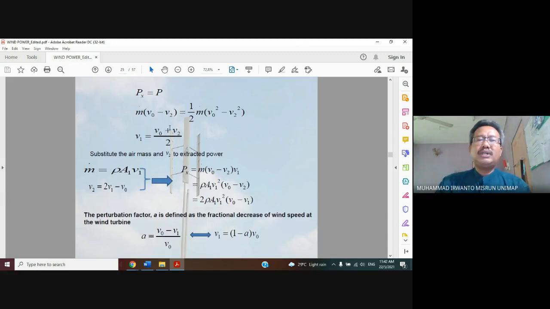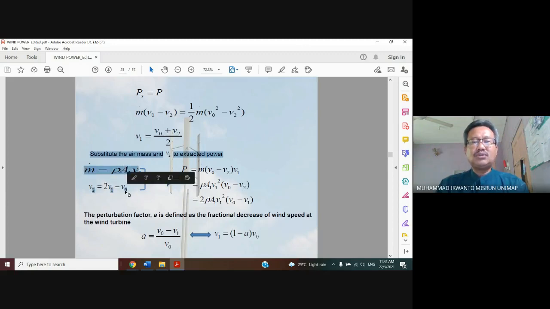Or from here we can write that the value of the downstream wind speed V2 is equal to 2 V1 minus V0. And then we have m dot is equal to rho A1 V1.